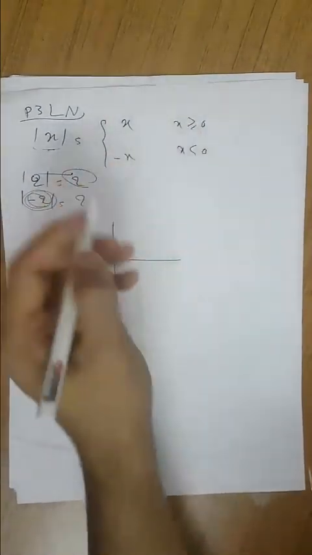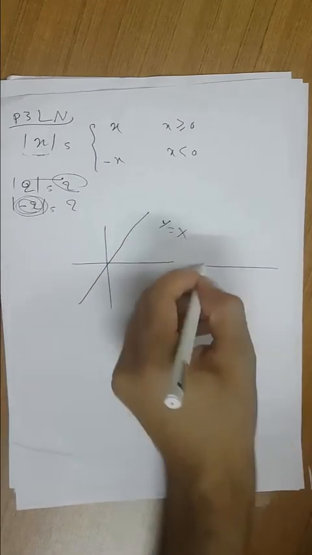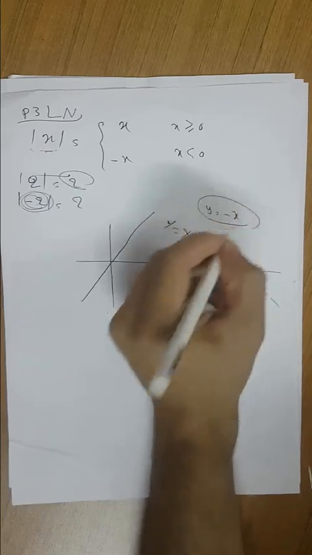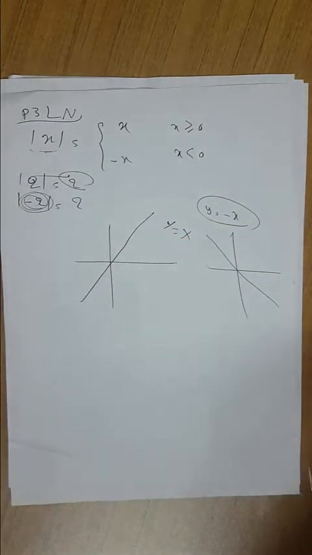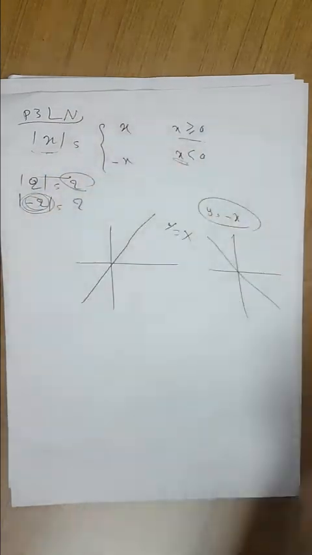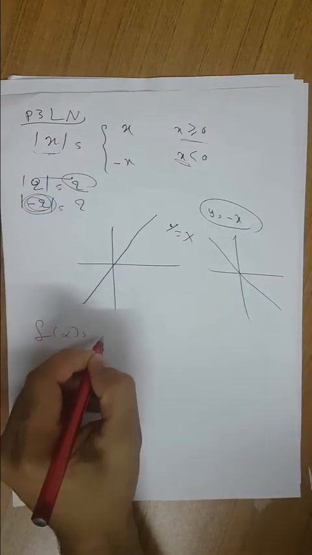How about the graph? We have the graph of y is equal to x, and the graph of y is equal to minus x. I will review the more basic examples here. When you have two mixed things, we recall in functions that if f of x is equal to one part, it's okay.